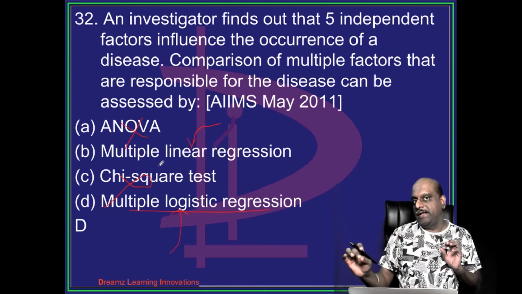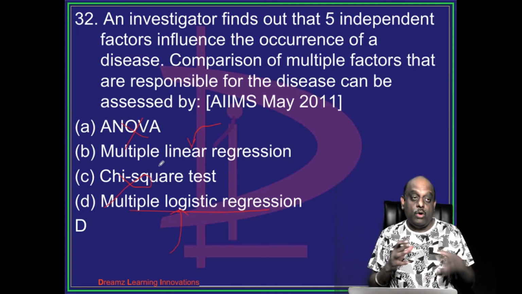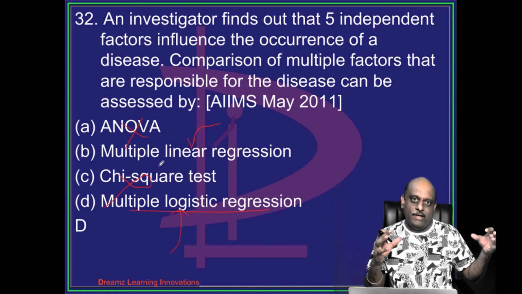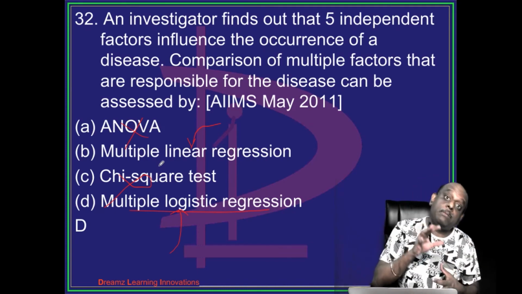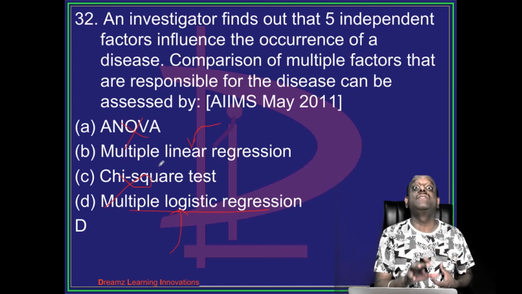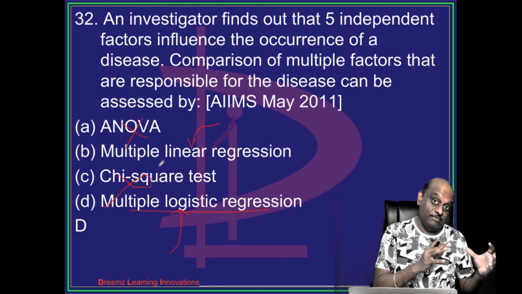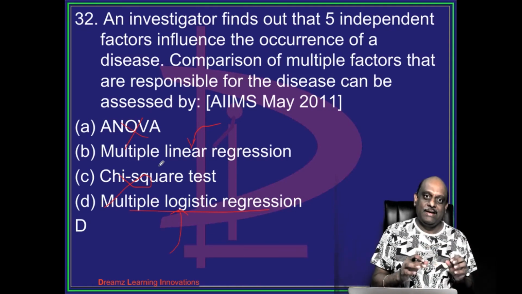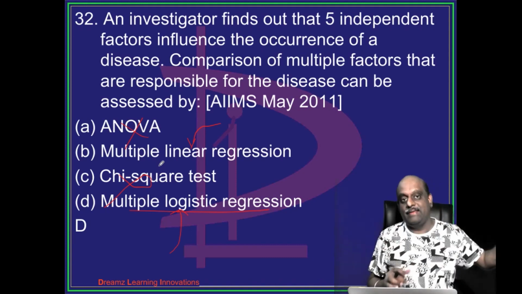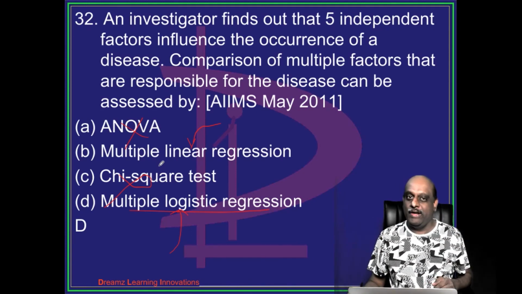It is basically used to know, out of 5 different etiological factors, which has a greater probability of influencing the outcome. So probability, greater influence, that is the reason this question is multiple logistic regression. Got it?